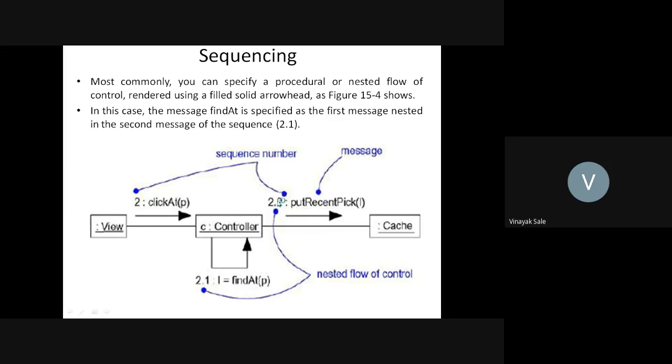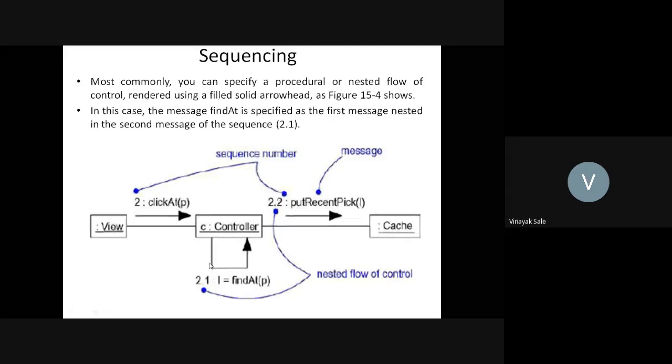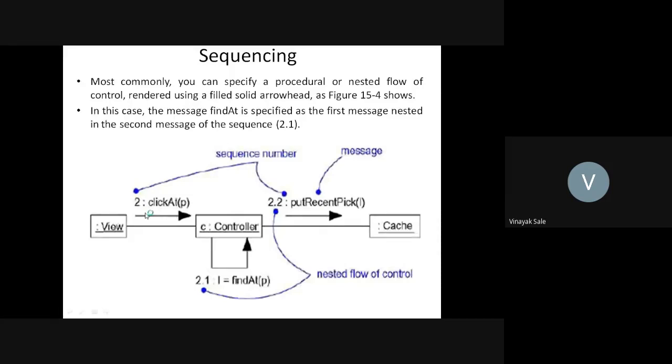Then the controller checks itself, that is message 2.1. So find at p, this is a nested flow, and put receipt recent peak, this is the message from controller to cache.